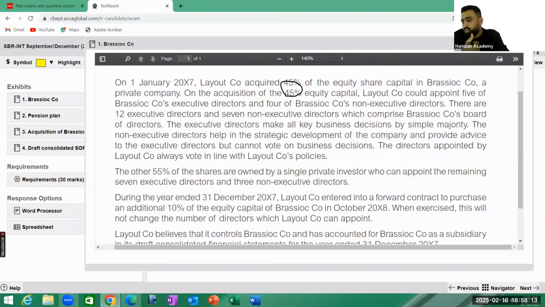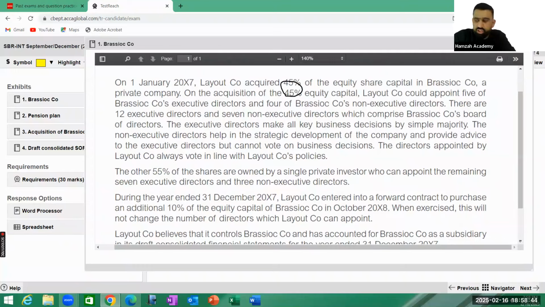Now, first of all, let us discuss the definition or meaning of control. The meaning of control is that you have the power to take financial and operational decisions of the subsidiary. You have a power to take decisions. And normally that power comes when you have more than 50% shareholding.